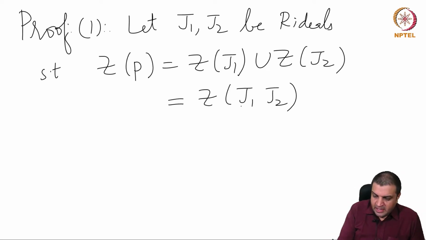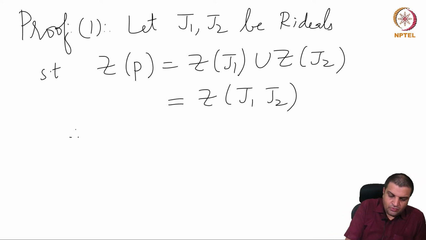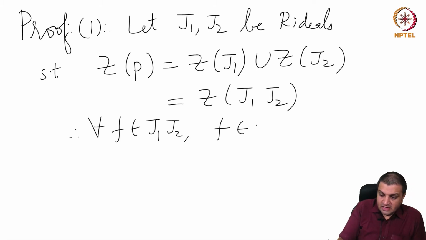Therefore, for all f inside J1 J2, f is in the radical of P, which is just P itself.